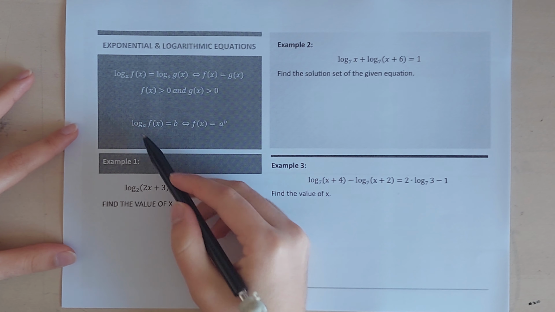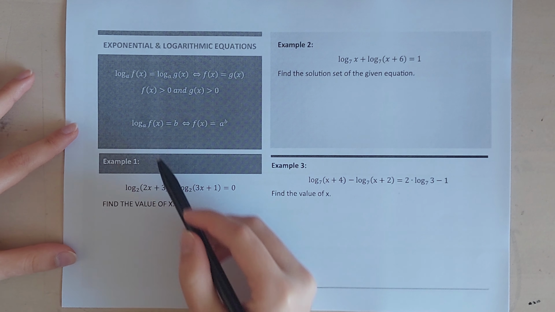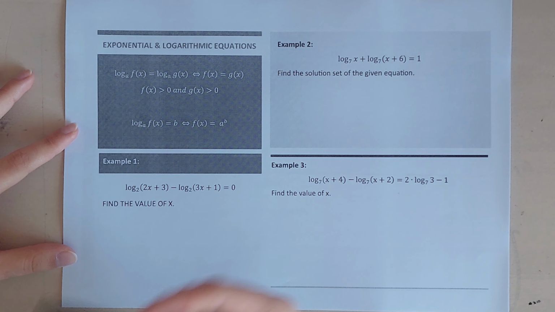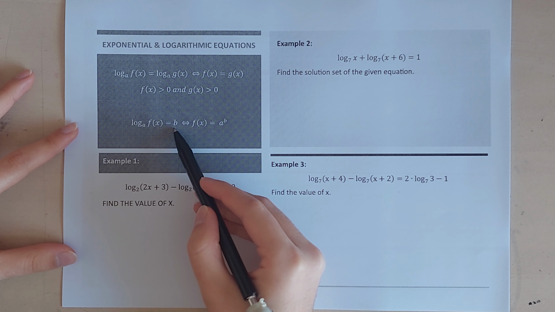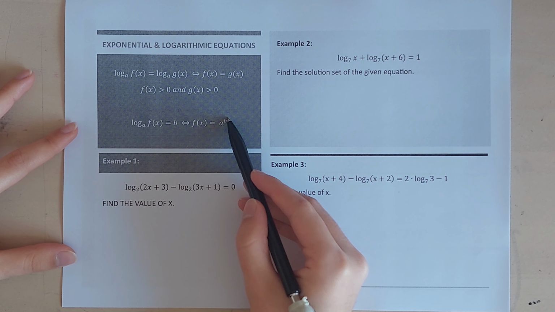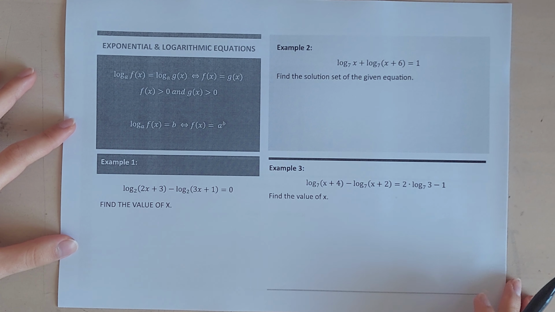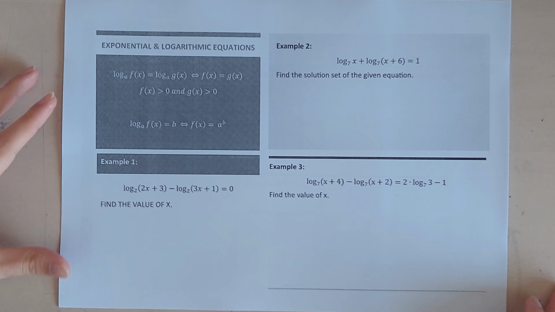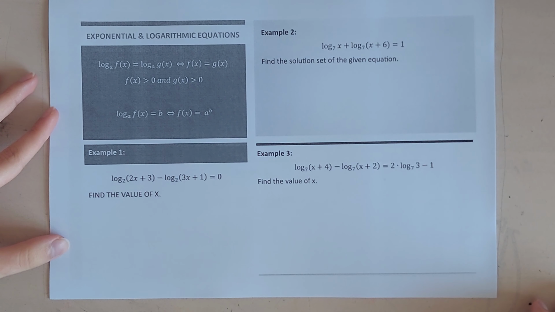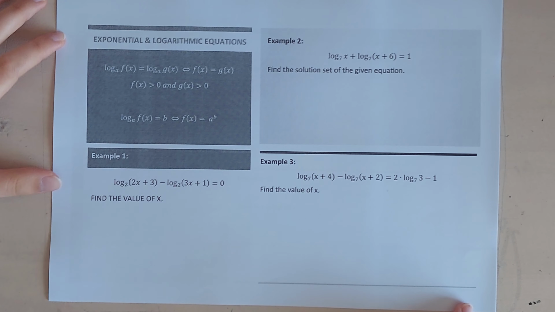If you remember this property, where we move a under b, then f(x) would be equal to a to the power of b. I'm sure that you will understand it better with this question. So let's start solving the first question.